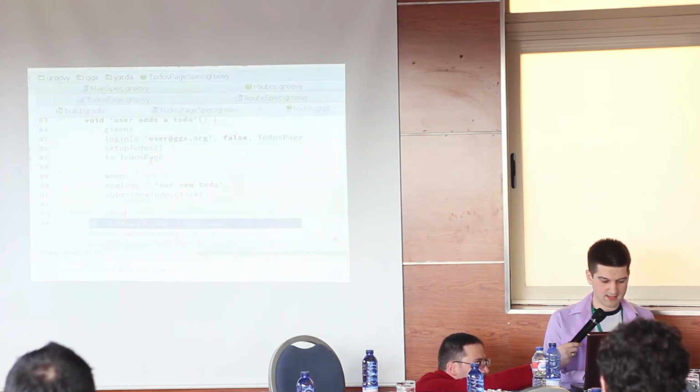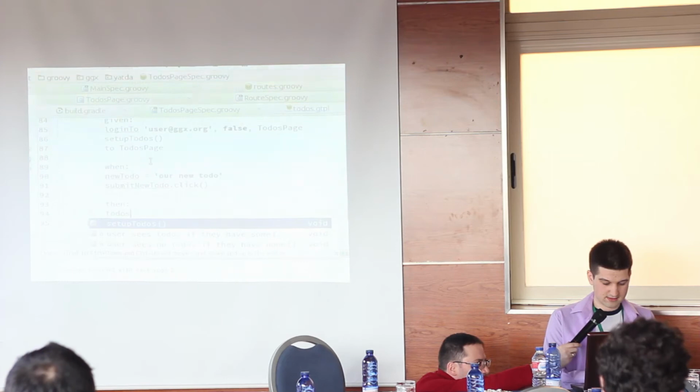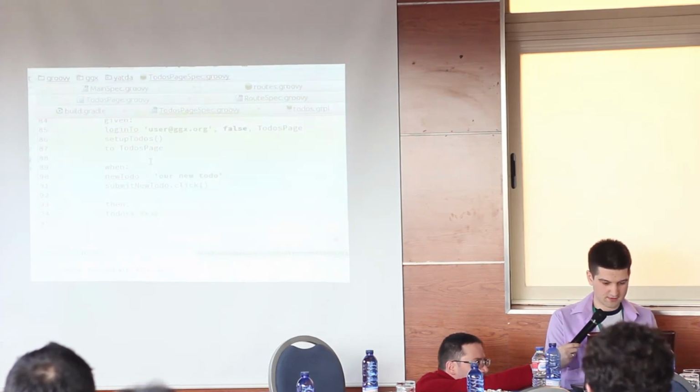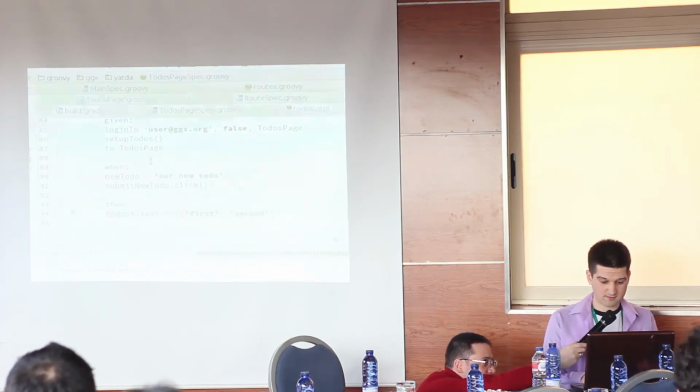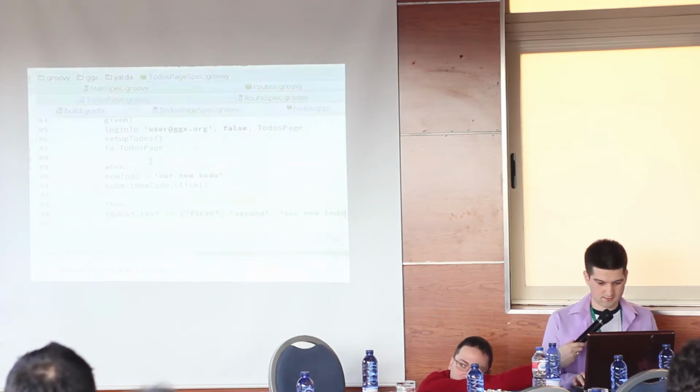And now in a then block, we will verify that the text of our to-dos is first and second. Those are to-dos that are coming from our bootstrap data. And at the end, we will also see our new to-do, right?